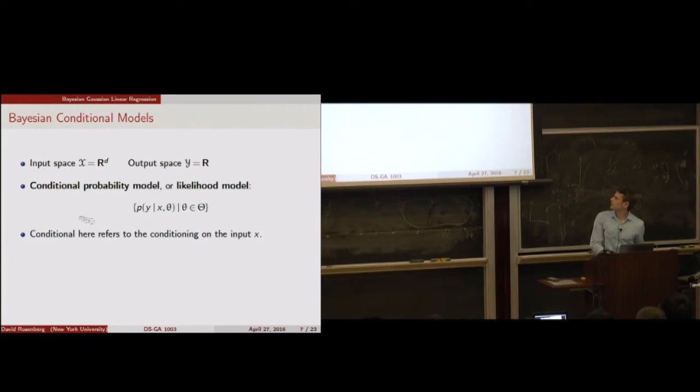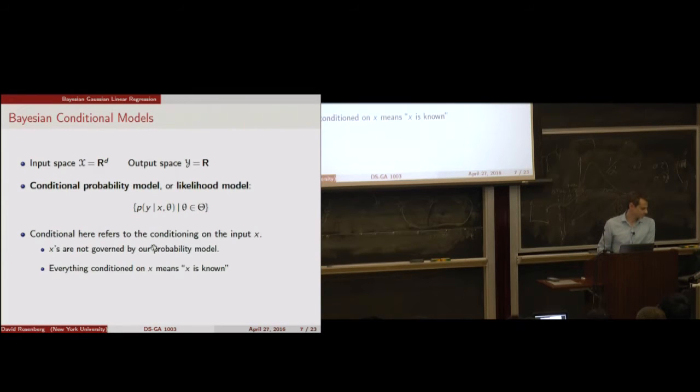Great. And when we say conditional probability model, we're saying that we're conditioning on the input x. The theta here is not what's being referred to by conditional in that term. In these conditional models, you'll see at every step in every equation, we're always conditioning on x.